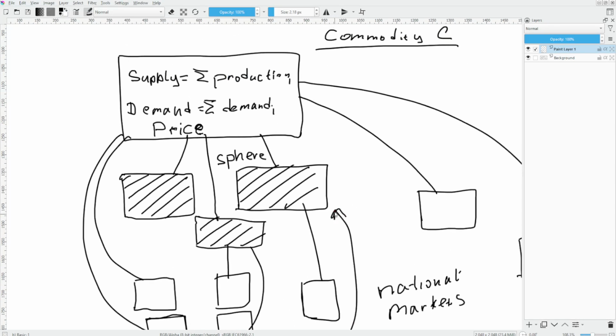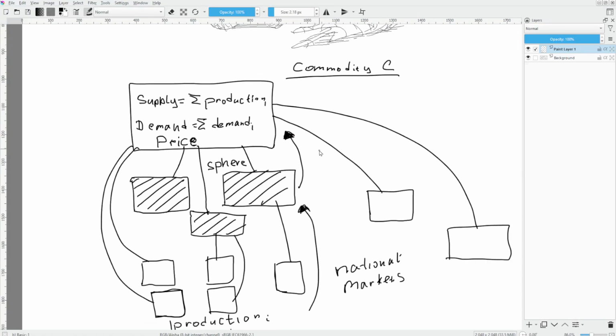And then if it is not satisfied on the sphere level, it goes up again. Actually at every level where you have multiple nations, they satisfy their demand and sell their supply according to the score.